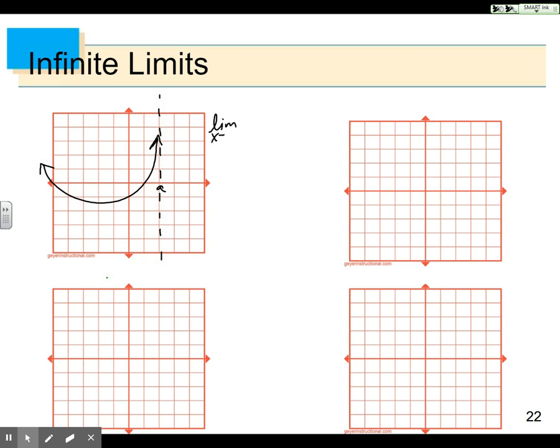The limit as x approaches a from the left of whatever this function was would be equal to infinity. It could be minding its own business right here, and then, woof, come flying down. In this case, the limit as x approaches a from the left of the function would go to negative infinity.